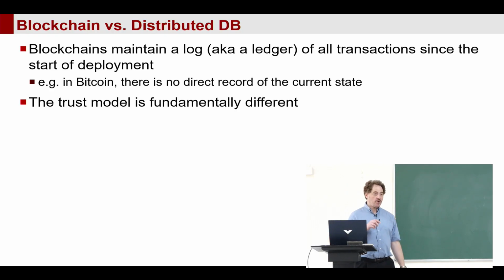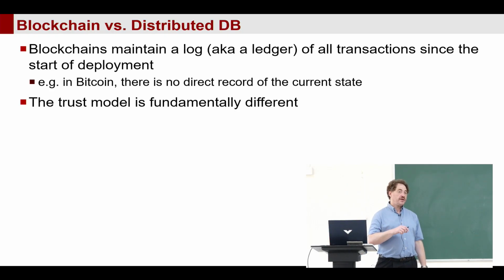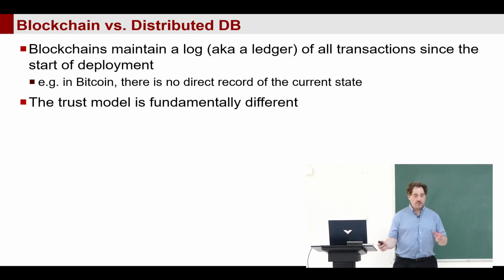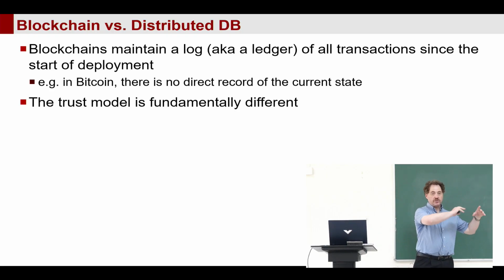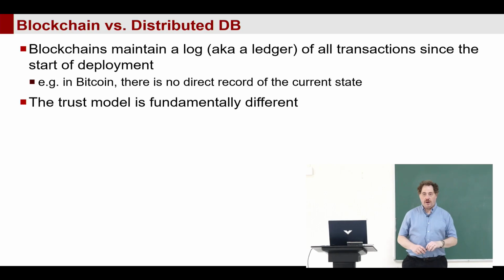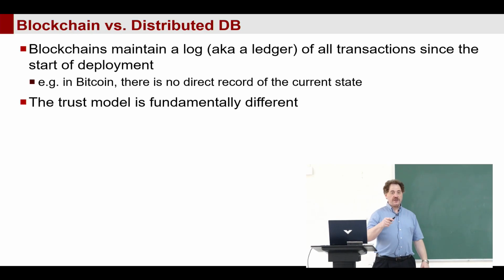So in blockchain, there is not even necessarily a concept of the state. You can calculate the state if you track the whole history of changes, which can be very long. But viewing and querying the state is not the main point of blockchain.